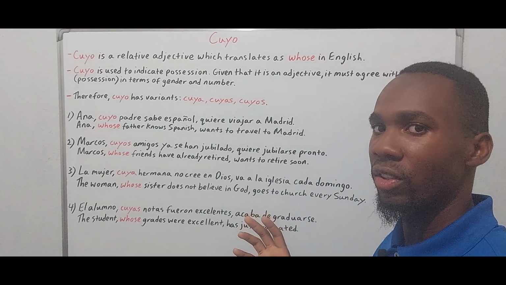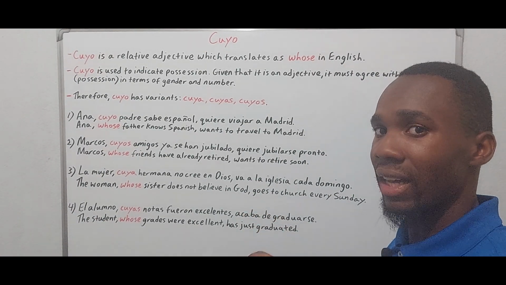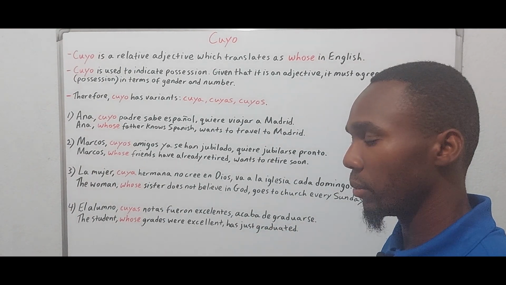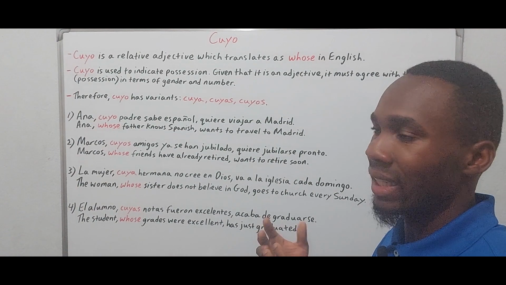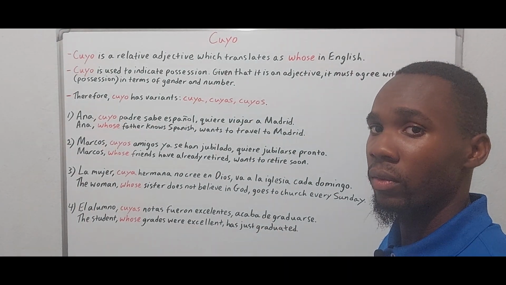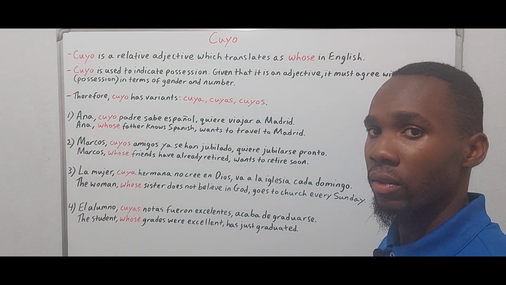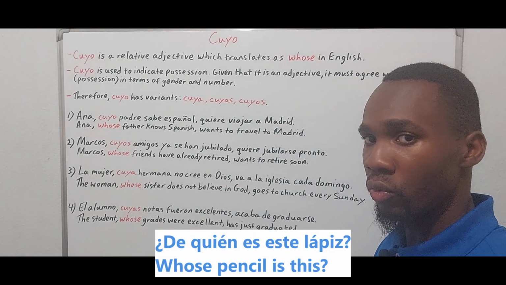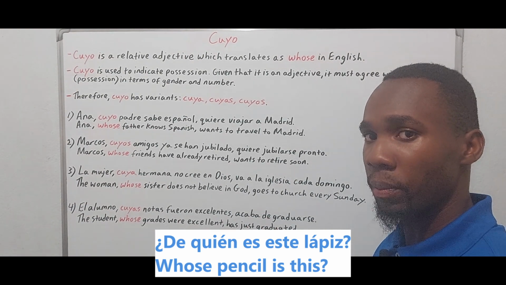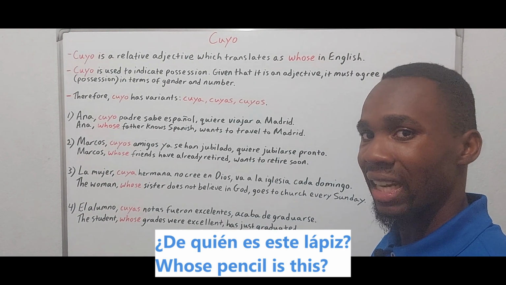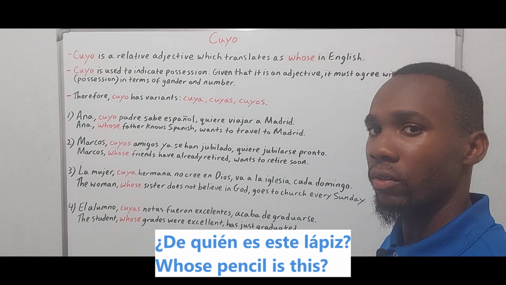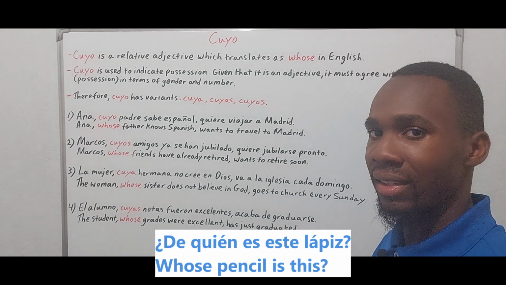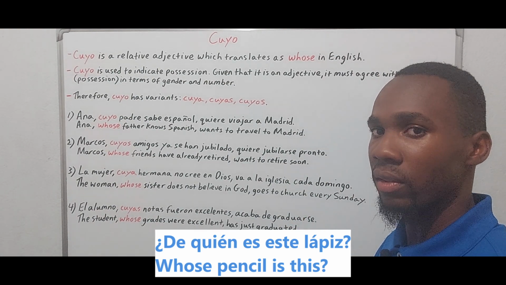The English translation means that whose has to precede the noun, right? But let's see what I'm referring to. ¿De quién es este lápiz? Whose pencil is this? Right? So whose appears before pencil, therefore it is an interrogative adjective. So that's how you would form that question in Spanish. ¿De quién es este lápiz? Whose pencil is this?